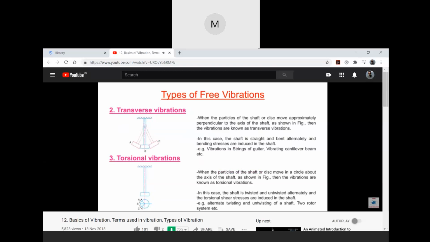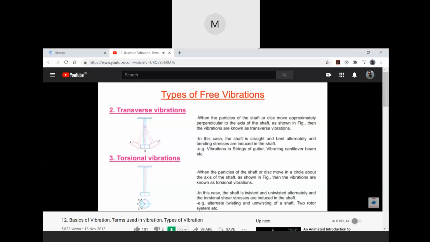For example, consider one shaft and one disc attached to that shaft, and that disc has moved from B position to A position, approximately perpendicular to the shaft. Then release, and it will oscillate from A to B, B to C, again C to B, B to A. This type of vibration is called transverse vibration.